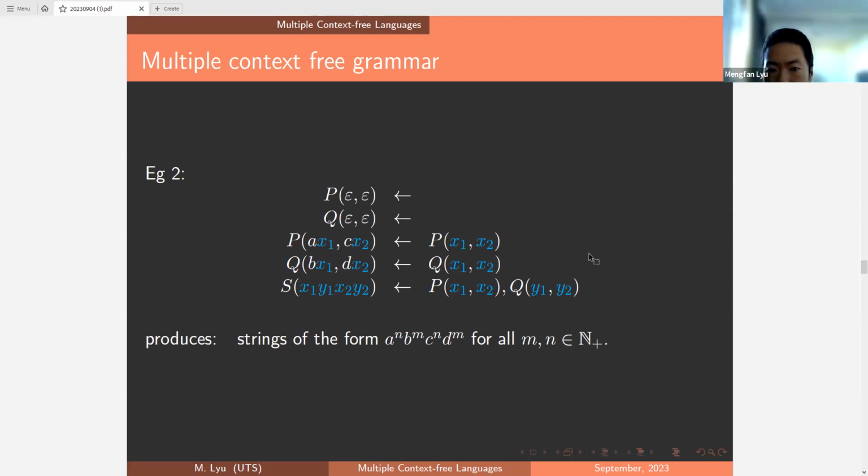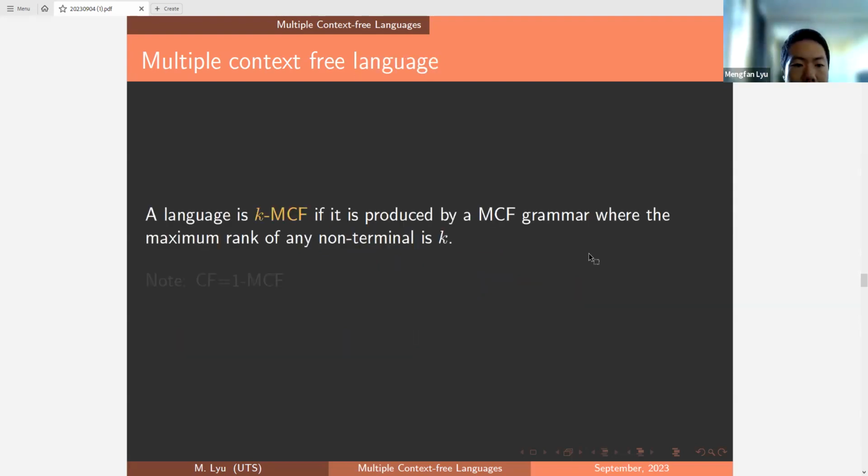So the next problem is how to... this is the definition of the multiple context-free language. The context-free language can be regarded as a one multiple context-free language because all the non-terminals consist of one variable.